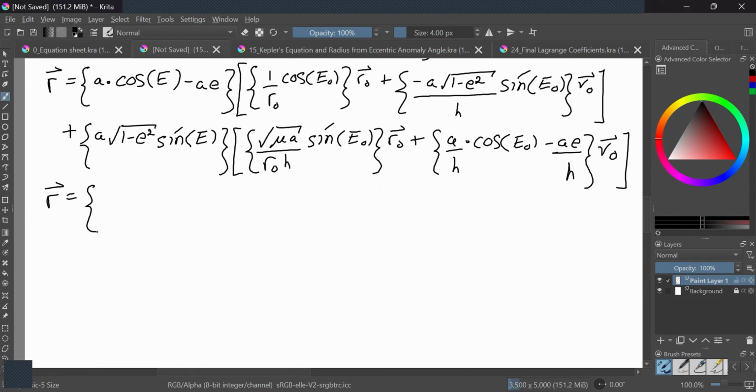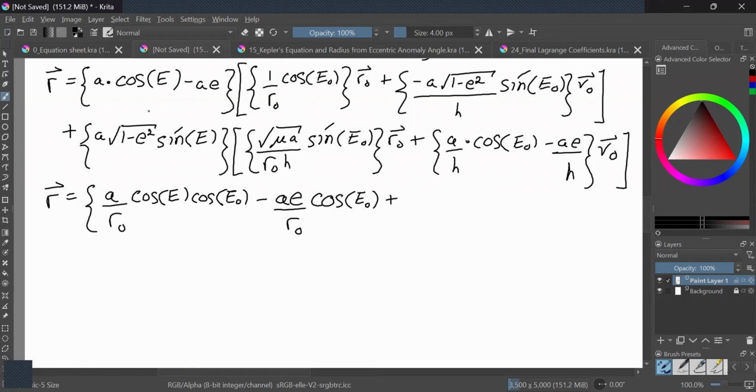So we will have a by r naught times the cosine of e times the cosine of e naught, minus a times e over r naught times the cosine of e naught, plus, and here we see again an h, square root of mu times a, and square root of 1 minus e squared.